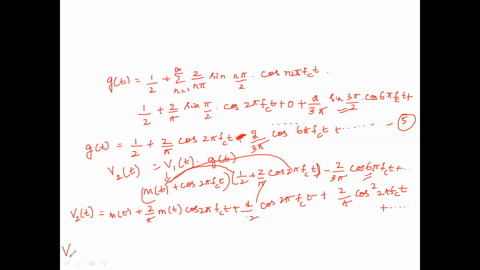So what is the value of v2 of t? When v2 of t is given to a band pass filter, you will get the final value of s of t. So that is the amplitude modulated signal s of t, you get it as m of t plus 2 by pi into m of t cos 2 pi fct.